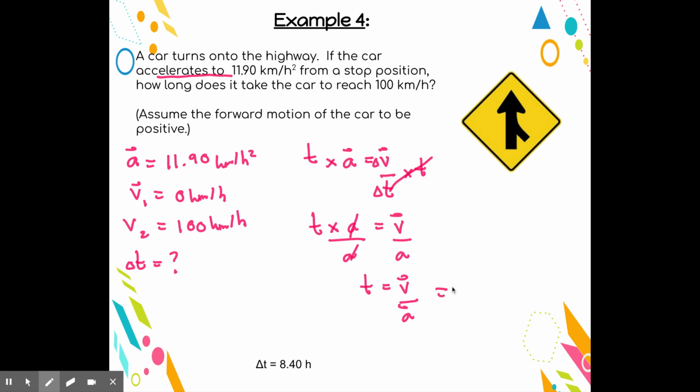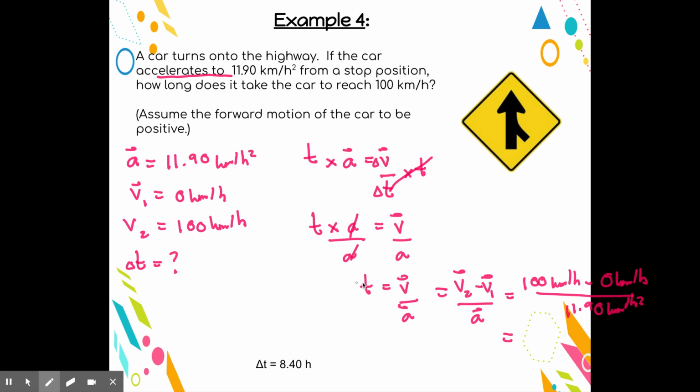Okay, so v2 minus v1 divided by a. So v2 is 100 kilometers per hour minus 0 kilometers per hour divided by 11.90 kilometers per hour squared.